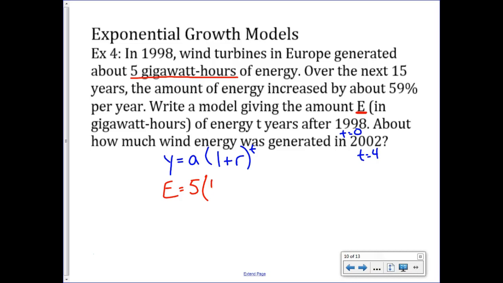So 1 plus 0.59, or 1.59, to the time. And then it specifically asks for when time is 4 years later. So 1.59 raised to the 4th power. So E is 31.96 gigawatt hours.